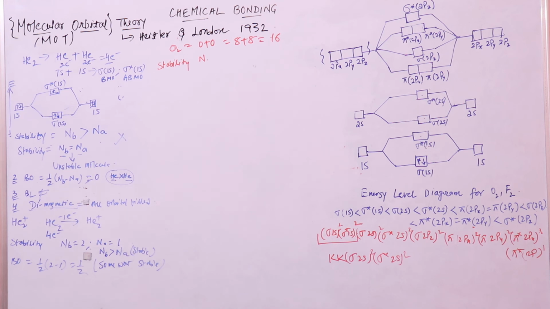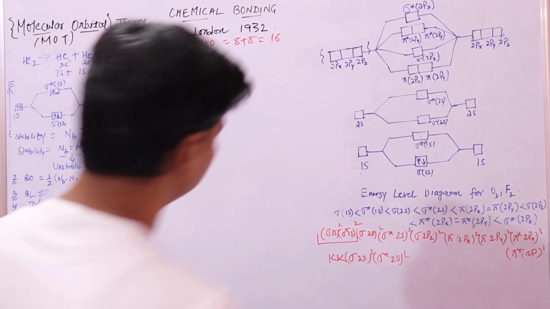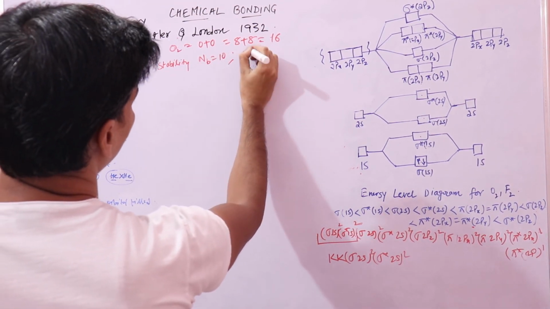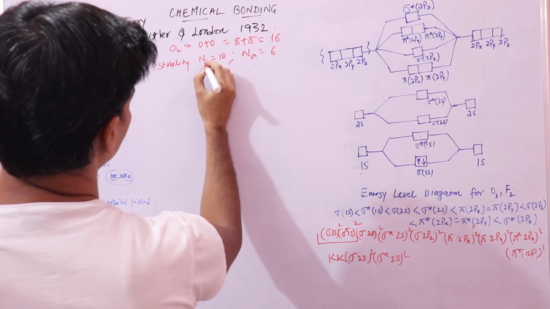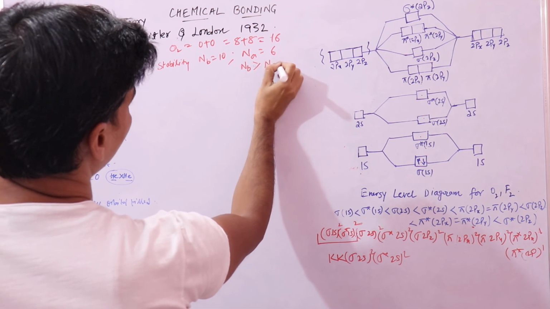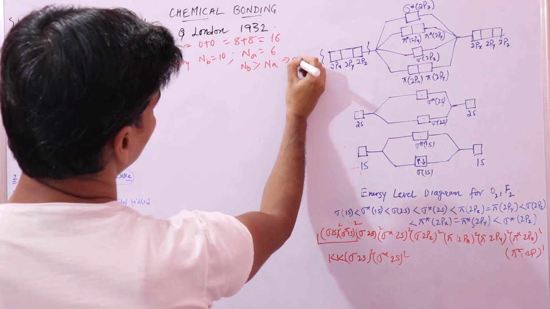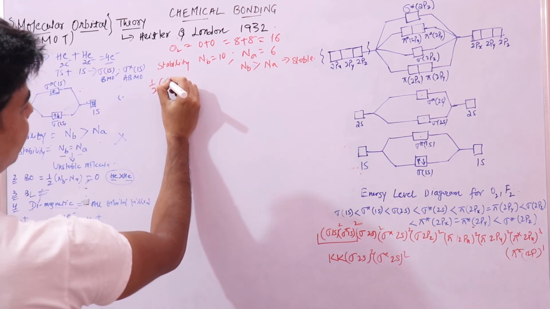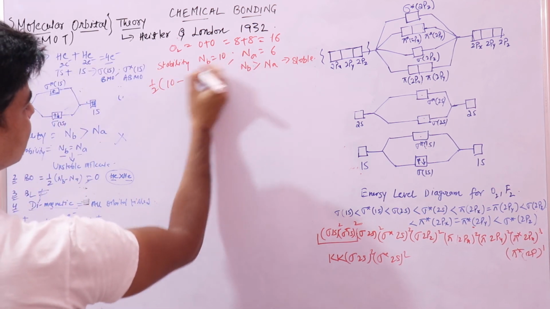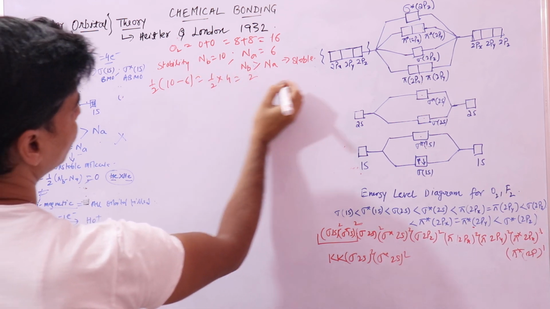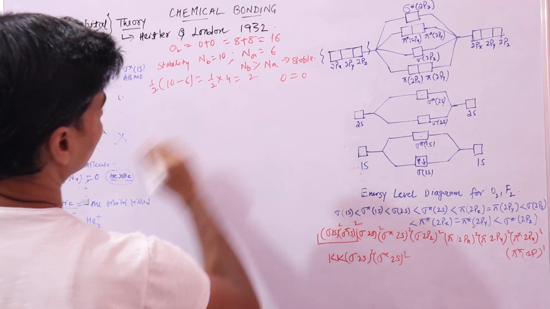In total you have 6 anti-bonding electrons, right? Bonding electrons 10, anti-bonding electrons 6, so Nb is greater than Na, which means the molecule is stable. What is the bond order? It would be (10 minus 6)/2, which comes out to be 2. We know oxygen has a double bond.